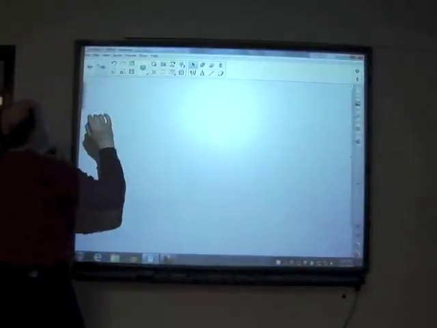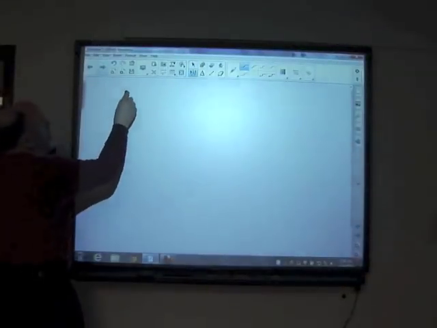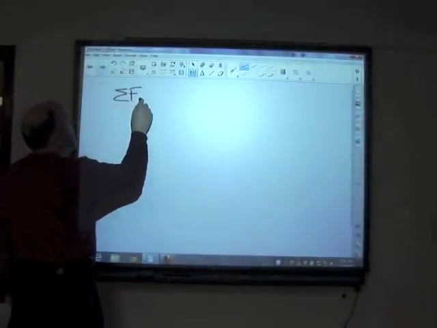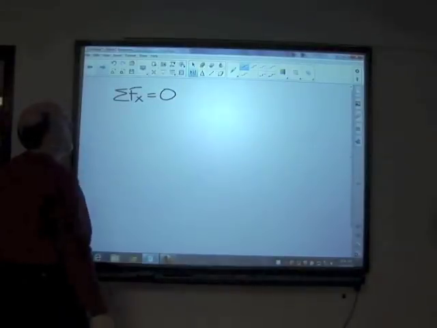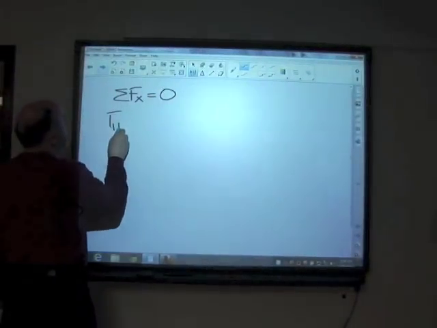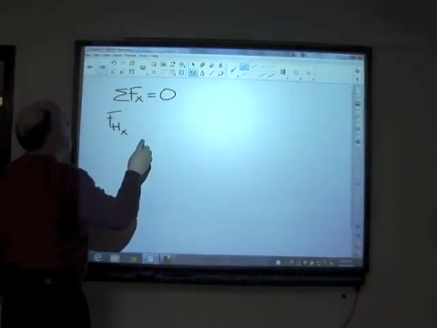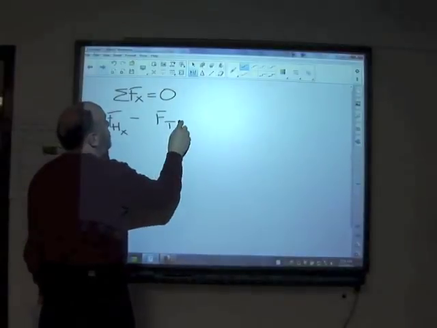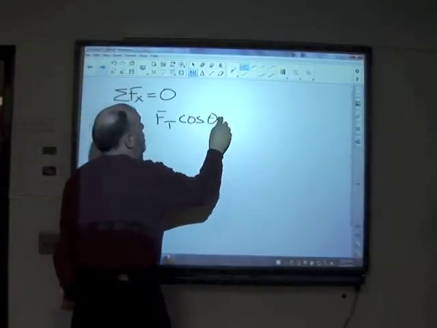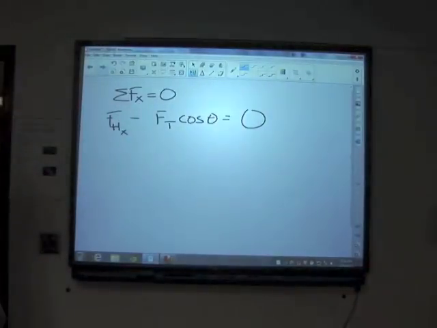So we go in terms of what's going on in the x direction. Again, the sum of the forces in the x direction has to be equal to 0, and so the force of the hinge in the x direction, in the positive, will be equal to the x component of the tension in my wire.